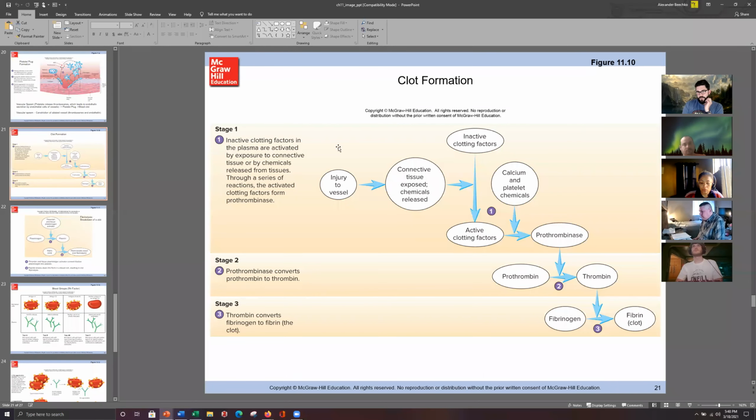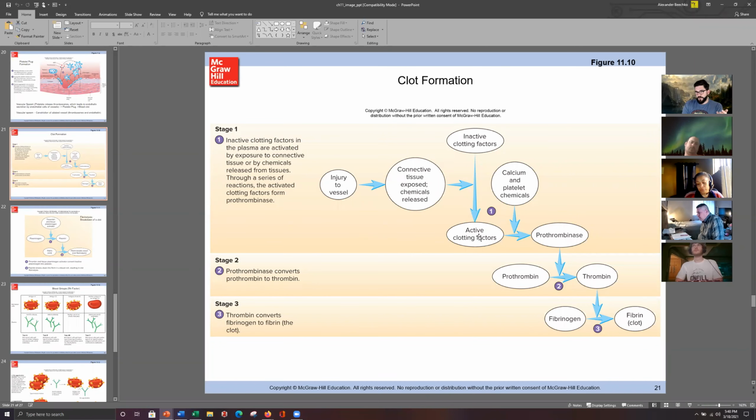All right. So here's our basic diagram that shows how a clot gets formed. This is very simplified. If we have injury to a blood vessel, that connective tissue gets exposed. We release things like thromboxane via vascular spasming. This will activate inactive clotting factors, so it'll turn them on basically.